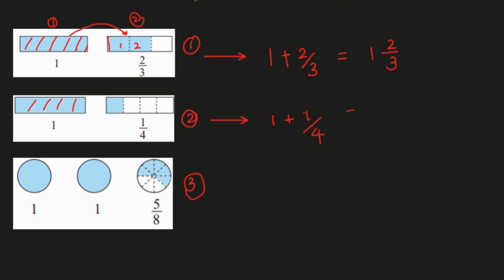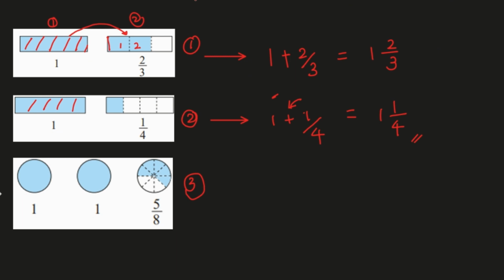So if I remove this plus sign, I can write this mixed number as 1 and 1 upon 4.